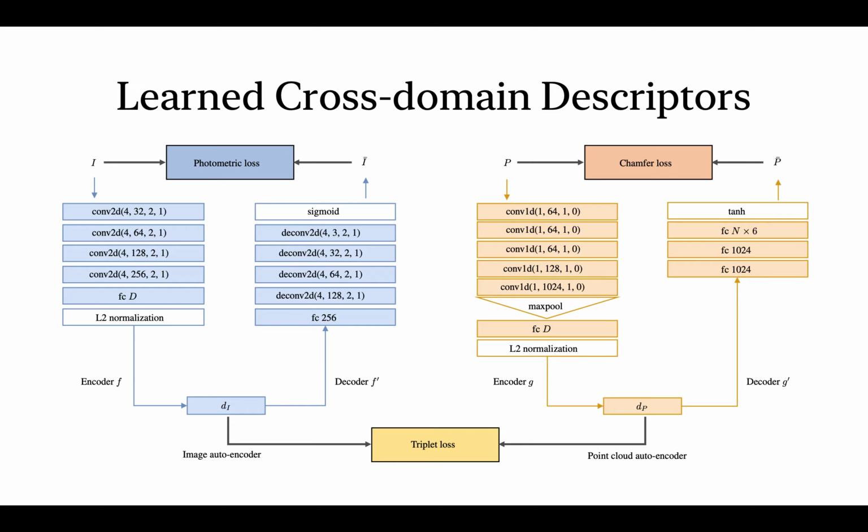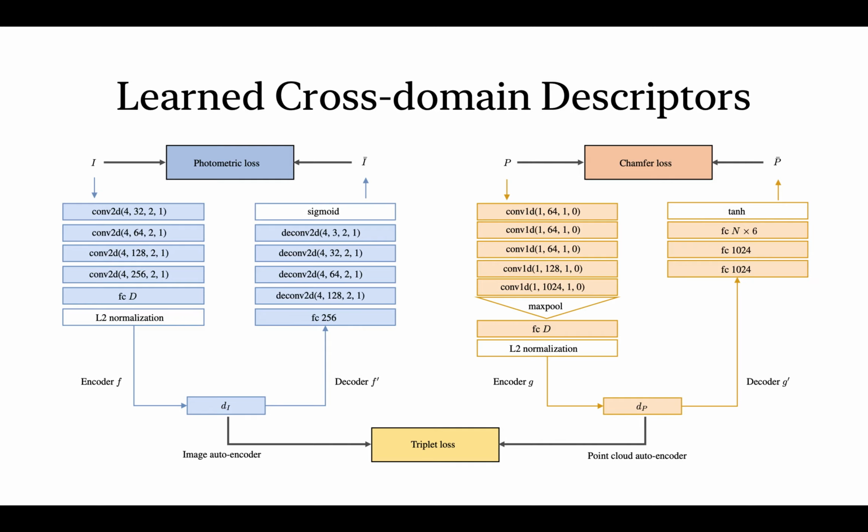For the 3D branch, we adopt the well-known PointNet architecture, employing a series of fully connected layers and max pooling to calculate global features. To reconstruct the color point cloud, we employ another series of fully connected layers, which output a color point cloud.